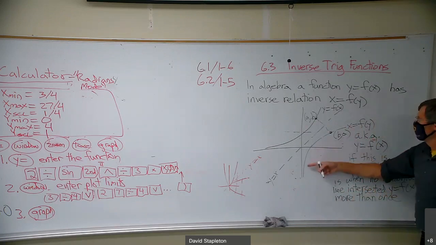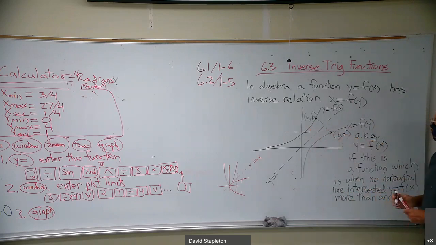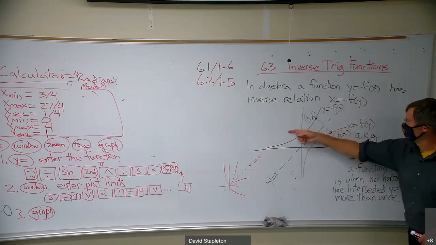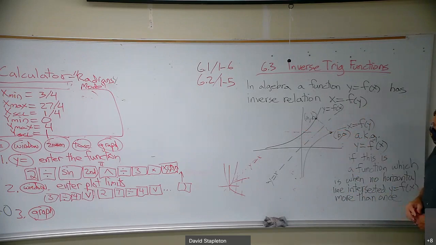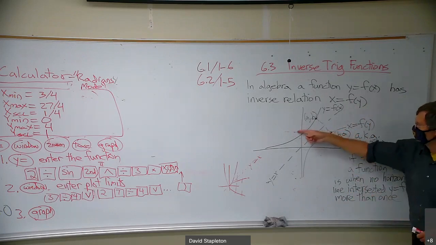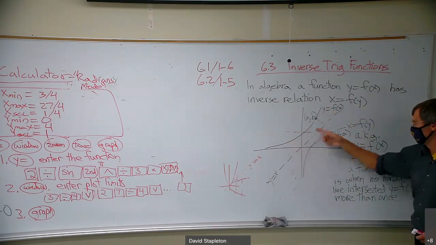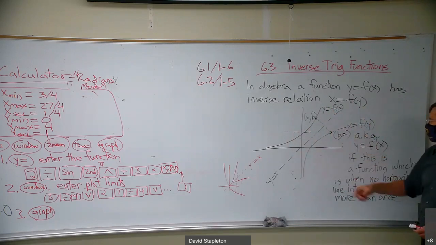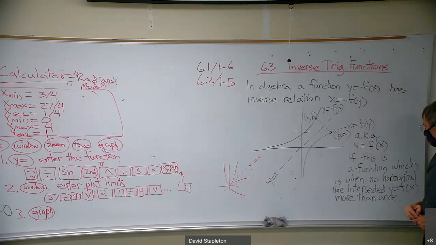So an inverse relation gotten by flipping a function over the line y equals x to get x equals f of y will be a function if and only if the original function had no horizontal line intersecting it more than once. Such a function is called one-to-one. So if this is a one-to-one function, then this one will be a function, and no vertical line will intersect it more than once. All right, so that's the trick.